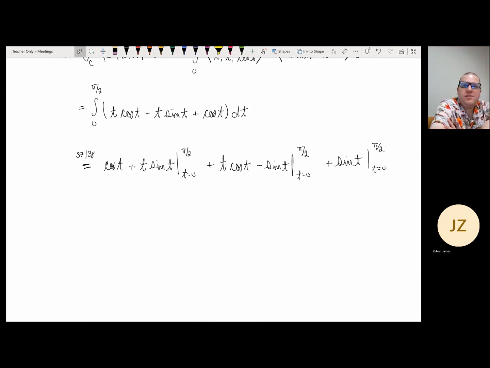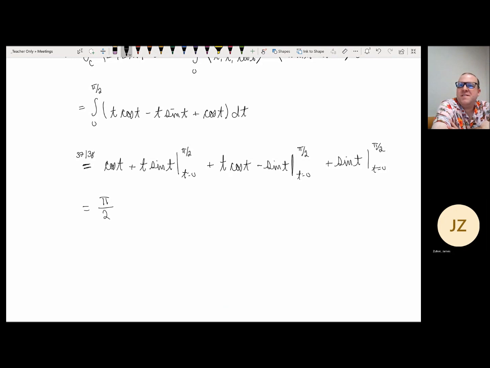Cosine of pi over 2. Cosine pi over 2 is 0. Sine of pi over 2. So pi over 2, that first term is pi over 2.